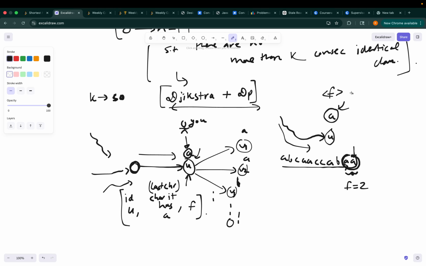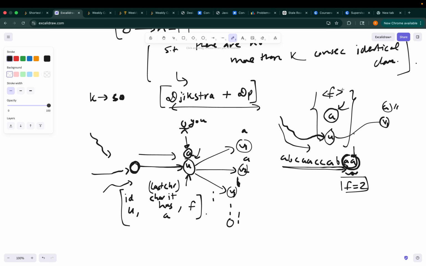Yes, so we also have to define F. F is part of the state. So in this case, F is 2, because this is the path you have. Okay. And now you're trying to go to V1, which is A again.